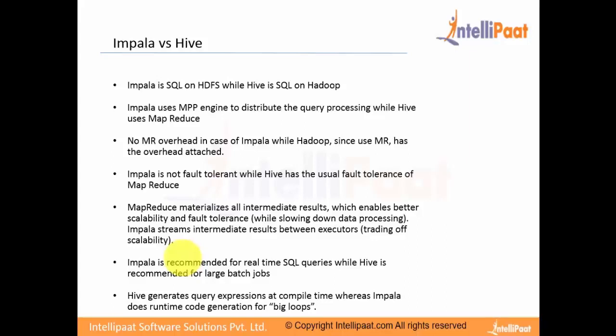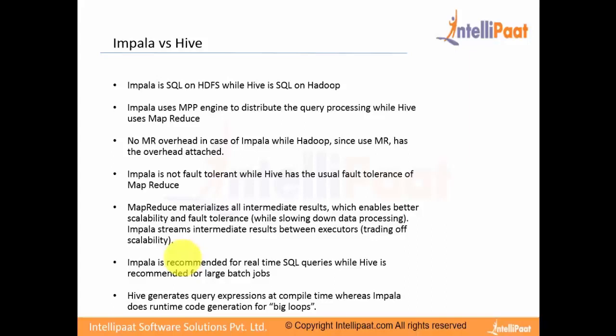Alright, moving ahead, Impala uses the MPP engine to distribute the query processing while Hive uses MapReduce. That is pretty much what we have discussed in the first bullet point. Let's discuss again that MPP is a massive parallel processing engine developed by Cloudera, and MapReduce is something that you already know.